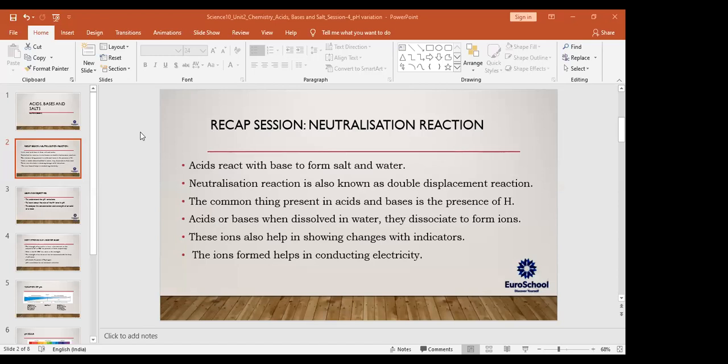The reaction of hydrochloric acid plus sodium hydroxide results in formation of sodium chloride and water.